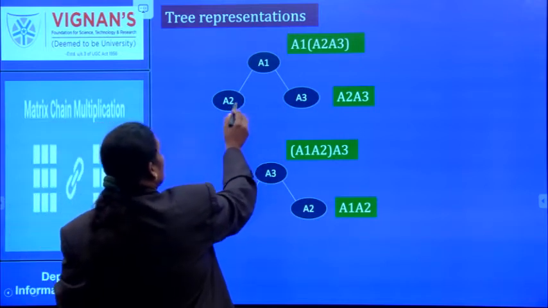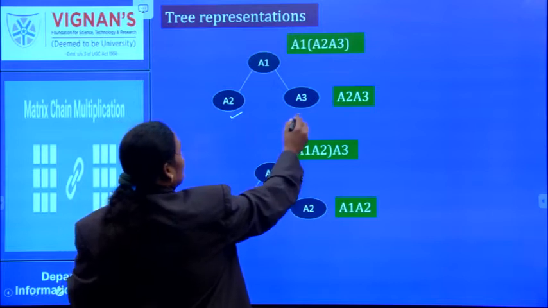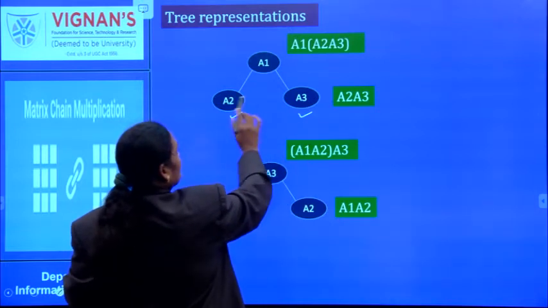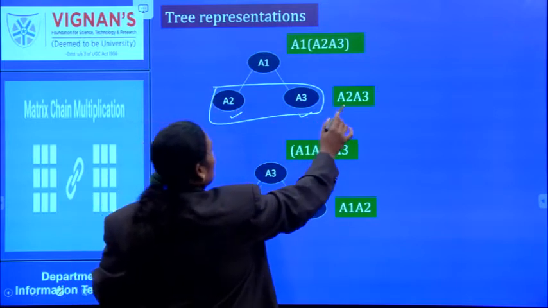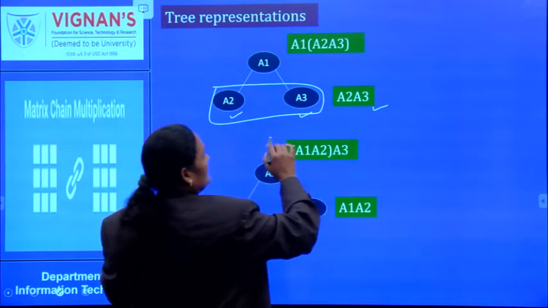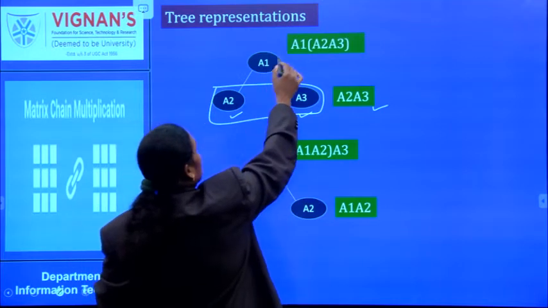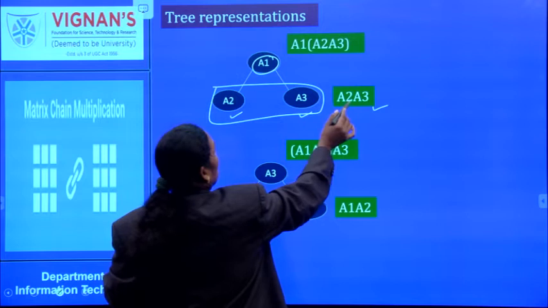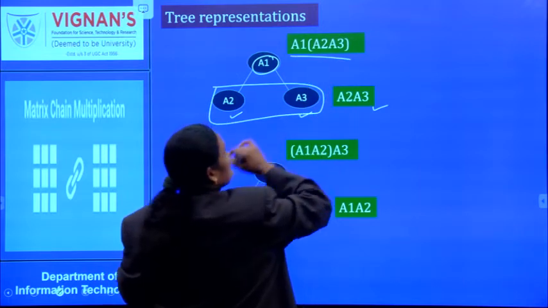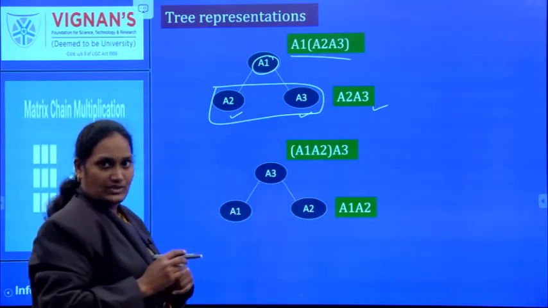Here, if you represent the A2 matrix here and the A3 matrix here, this tree represents the multiplication of A2 and A3. Now, if you represent A1 here, which is multiplied with A2 and A3, we can represent this as A1 into A2 into A3.